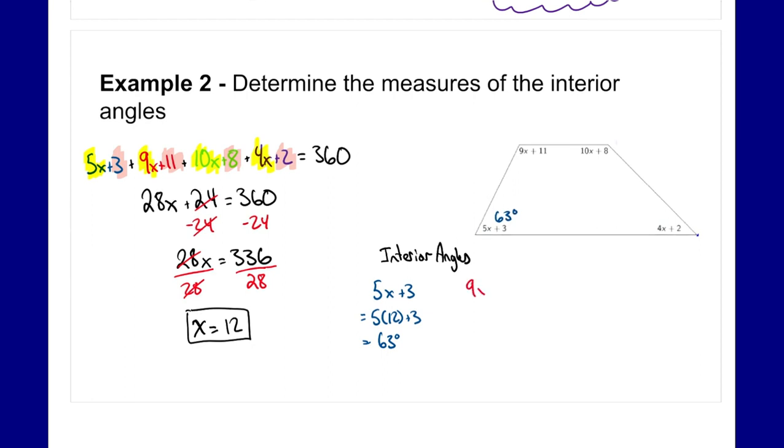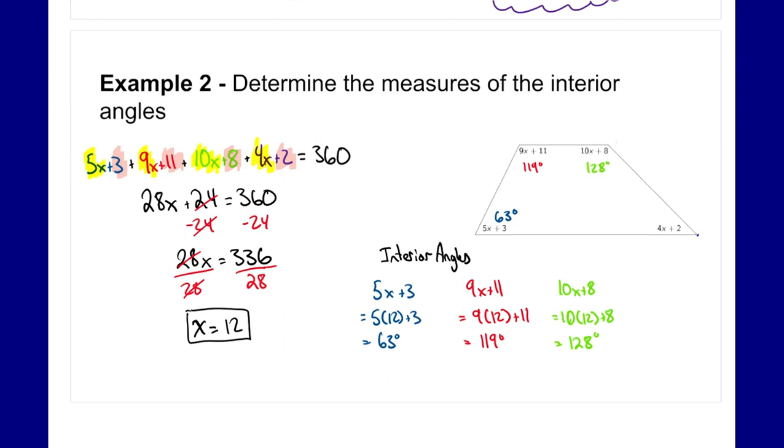The next one, 9x plus 11 becomes 9 times 12 plus 11. We get 119 degrees. 10x plus 8 equals 10 times 12 plus 8 equals 128 degrees.